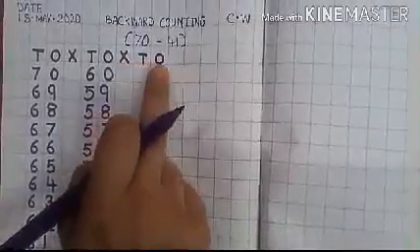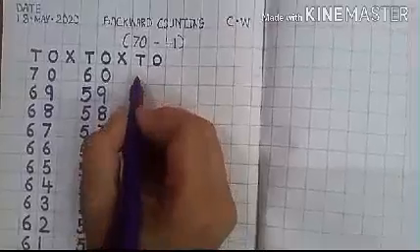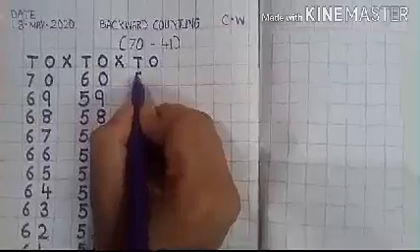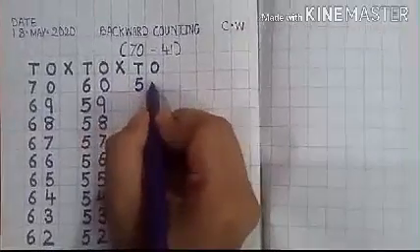Tens ones. Tens below write 5. Ones below write 0.